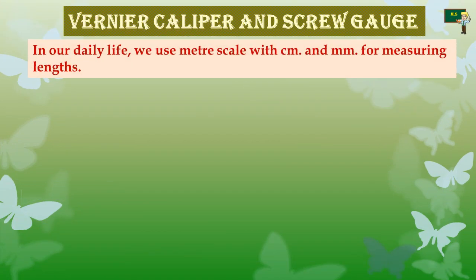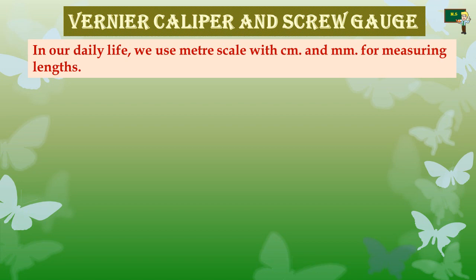Students, now let's see what we mean by vernier caliper and screw gauge, and why we use them in measurements. In our daily life we use a meter scale for measuring lengths. They are calibrated in centimeter and millimeter scales. The smallest length which can be measured by a meter scale is called the least count.